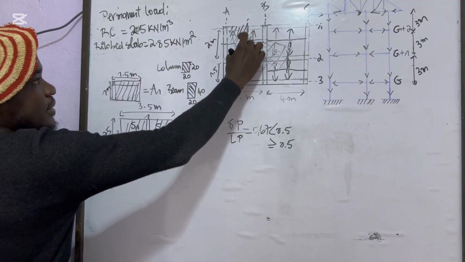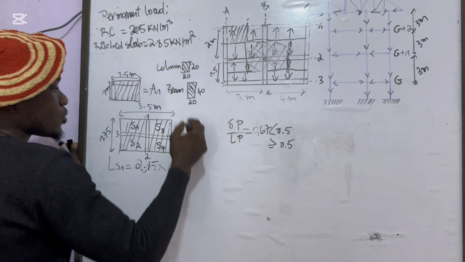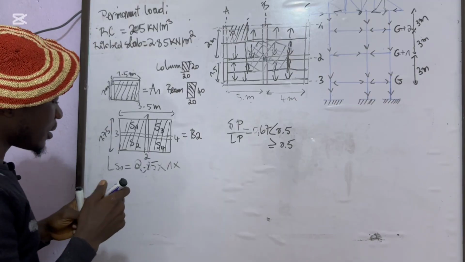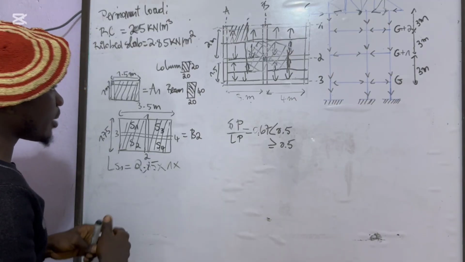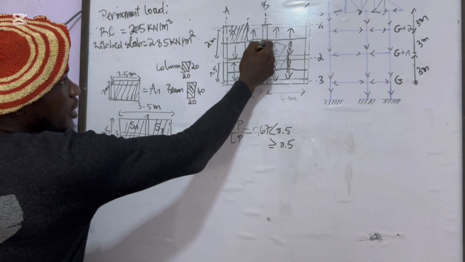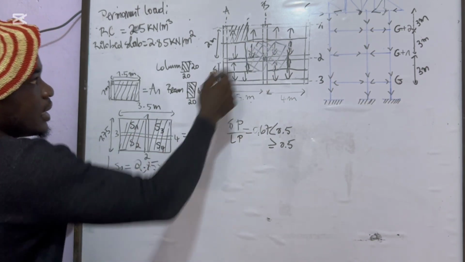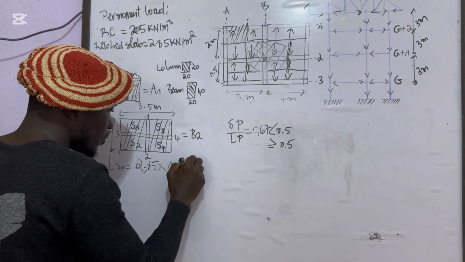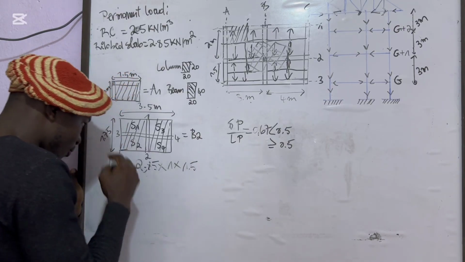The width is half of this span of 2 meters, so it's 1 meter, so multiply by 1 meter. And then we also multiply by the length to get this small influence area. The length is half of the span of 3 meters, so it's 1.5.